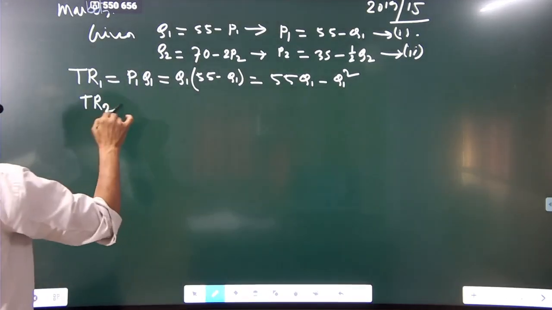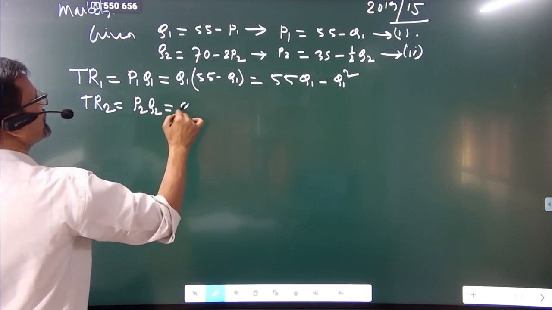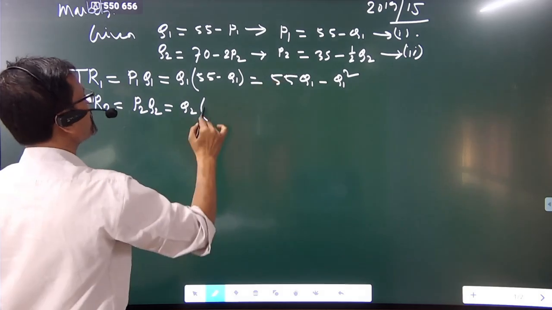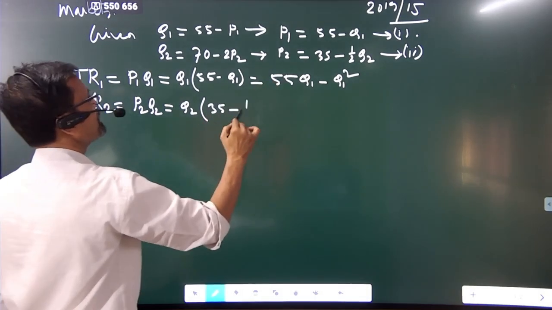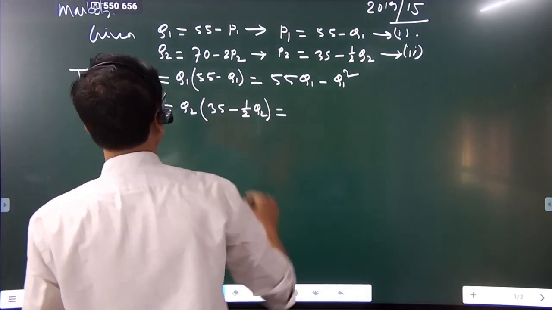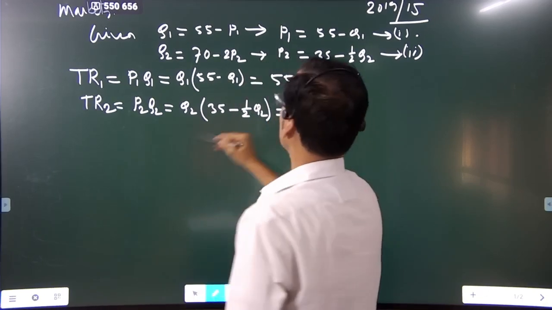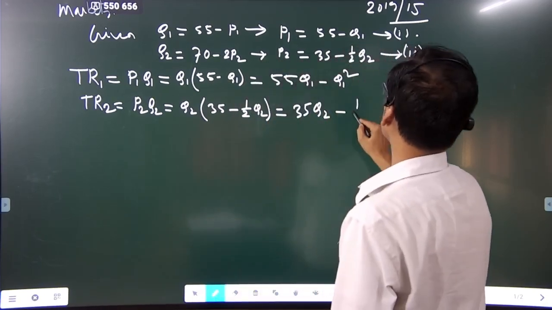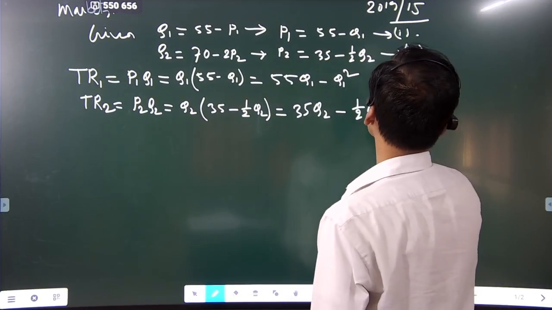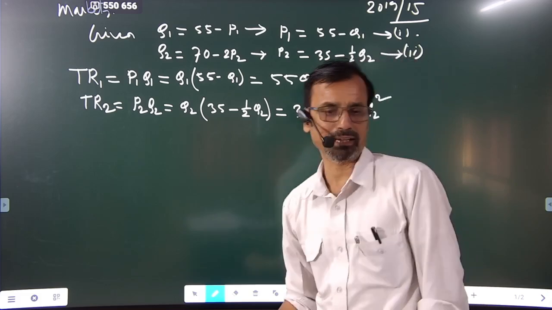Total revenue in market 2 is P2 Q2. With P2 equal to 35 minus half of Q2, we get 35 Q2 minus half of Q2 square. These are the total revenues in market 1 and market 2.